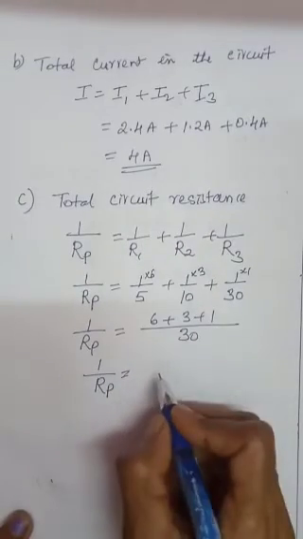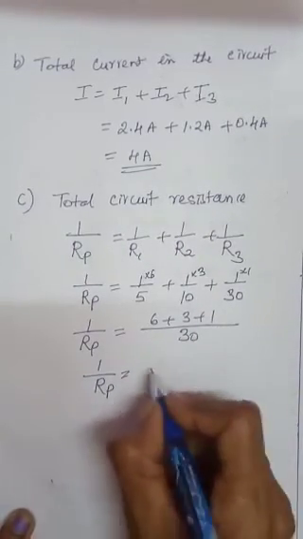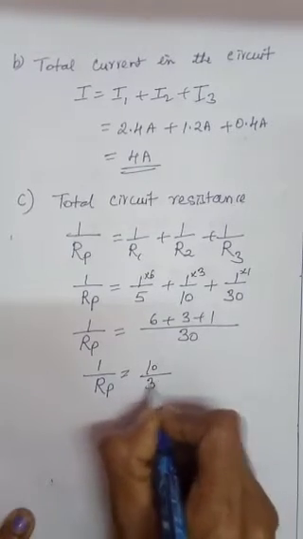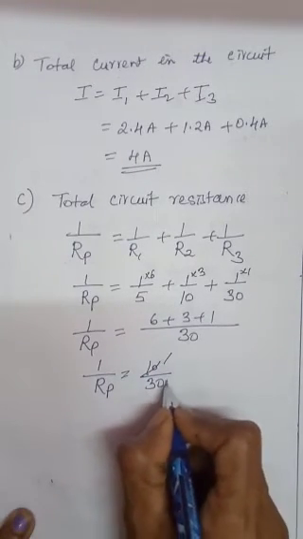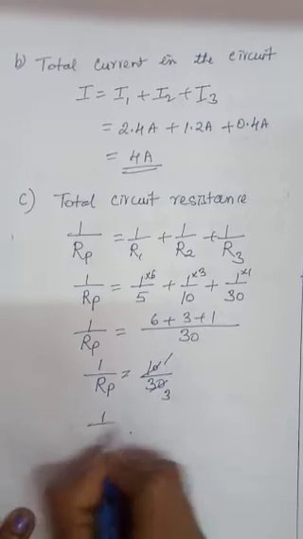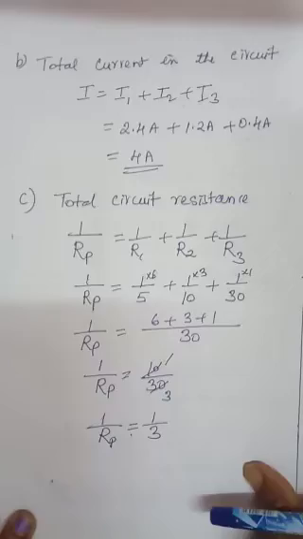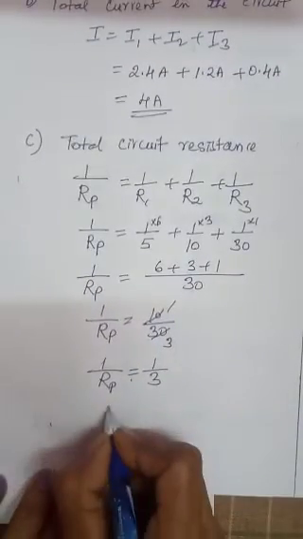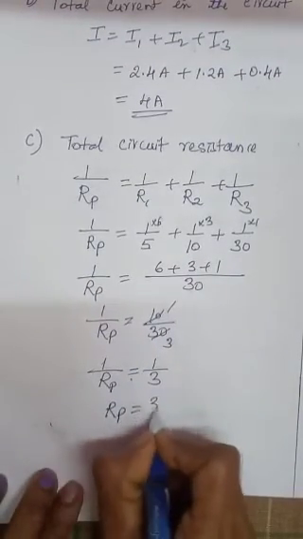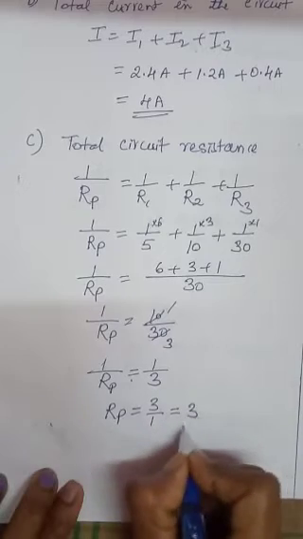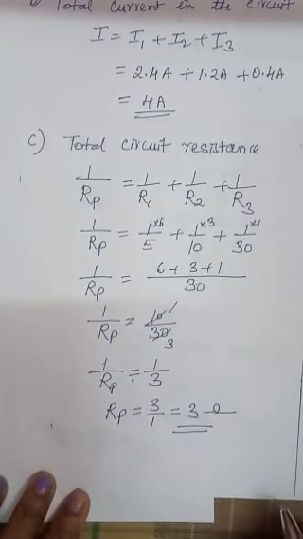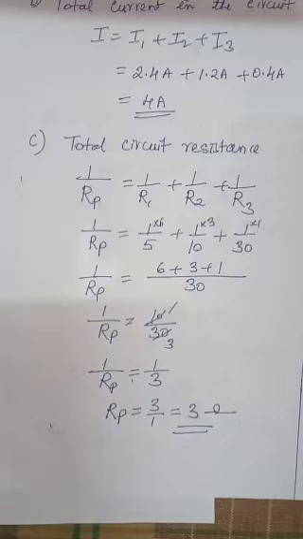Add the numerators: 6 plus 3 is 9, 9 plus 1 is 10, so 10 by 30. 10 1 time 10, 10 3 times 30. 1 by Rp is equal to 1 by 3. Now take the reciprocal. Rp is equal to 3 ohm. The total circuit resistance is 3 ohm.